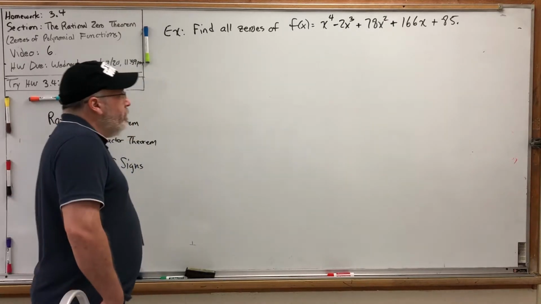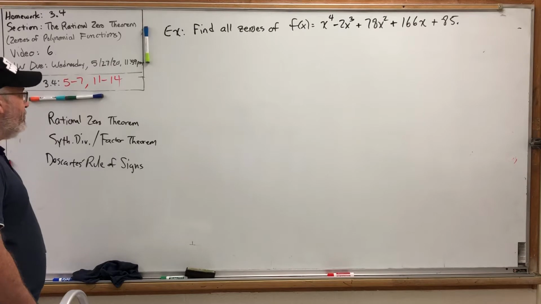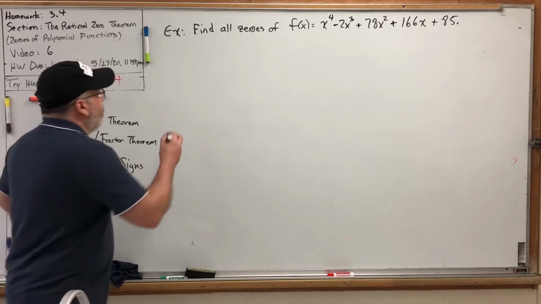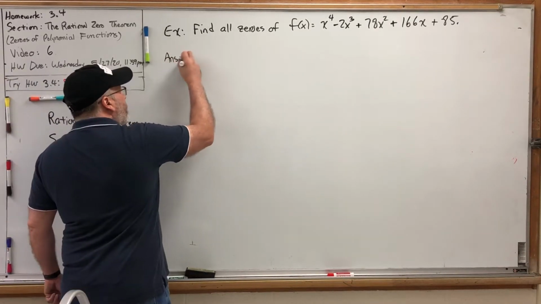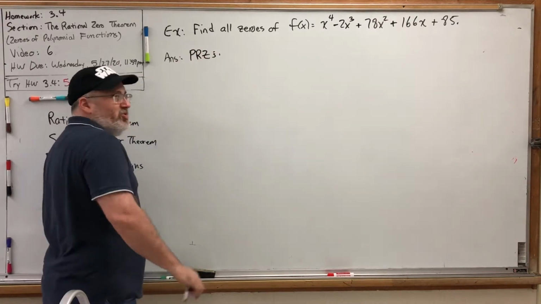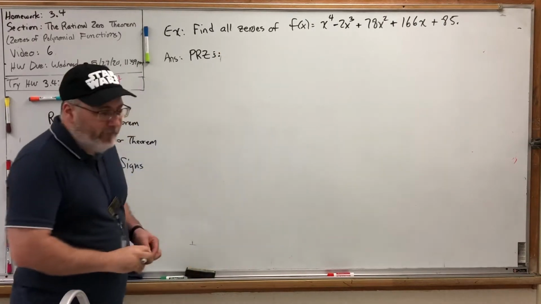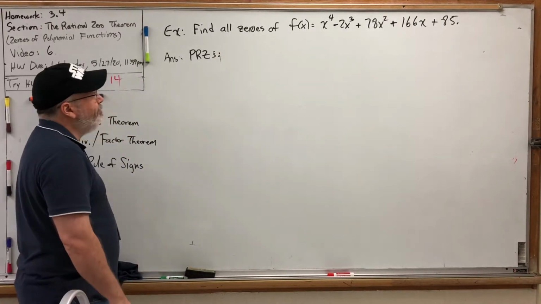All right, so how would we begin doing this? Well, if we're going to find all zeros, we need to start by listing possible rational zeros. Now you may be thinking this is just like one you did in a previous video. Sort of. It's got another unfortunate twist to it, as you'll see in a moment.